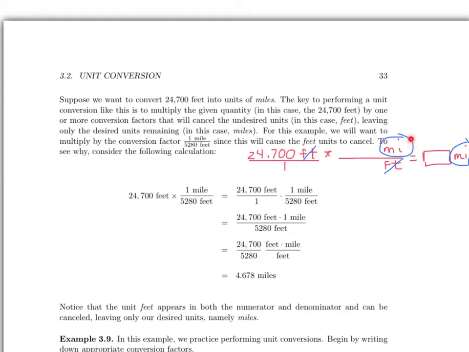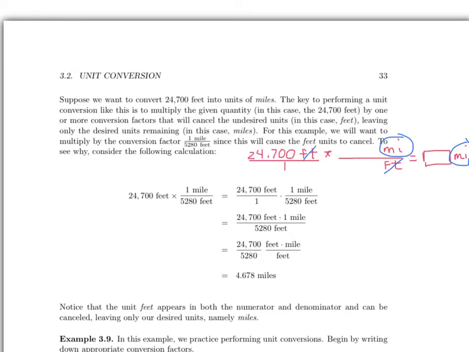Now, the conversion factor that you need to multiply by will sometimes be a product of multiple other conversion factors, like we saw in the previous screencast. This will be the case if you don't know what the conversion factor is between your numerator and denominator. But in this particular case, we do know how many feet there are in a mile. We learned that in our last screencast.